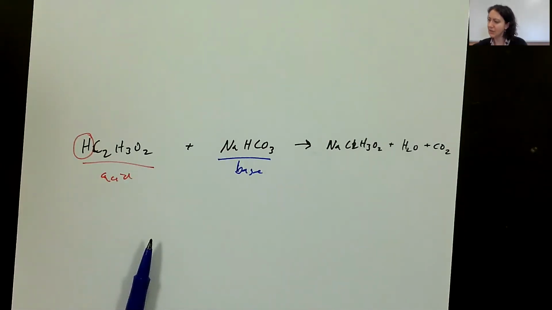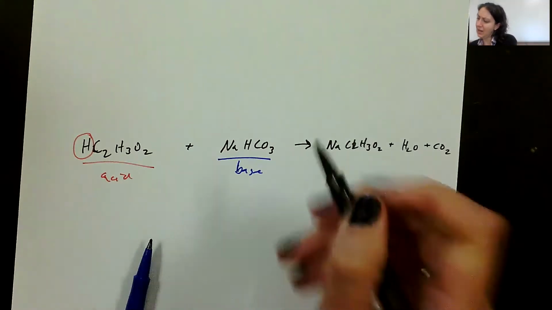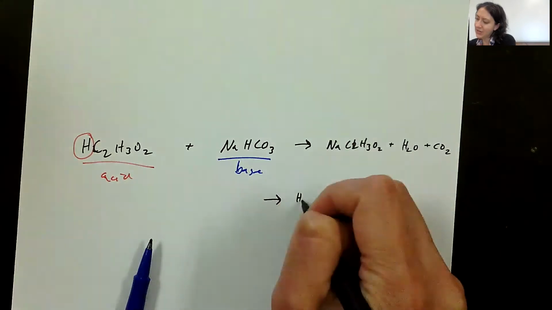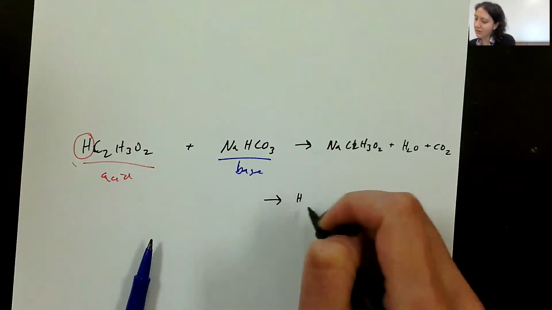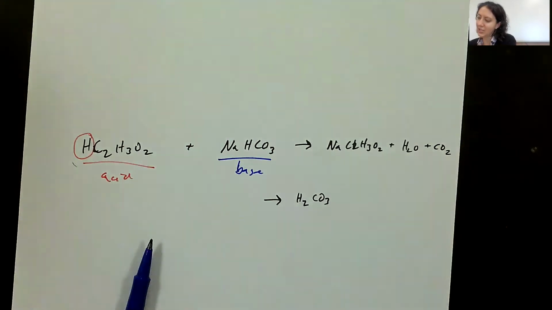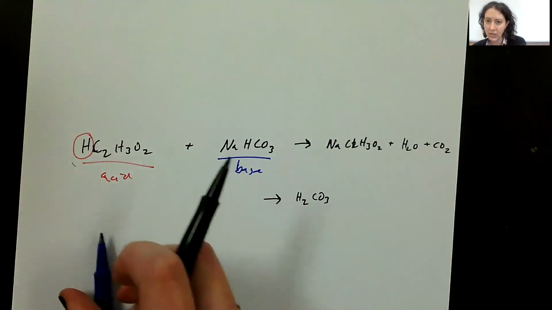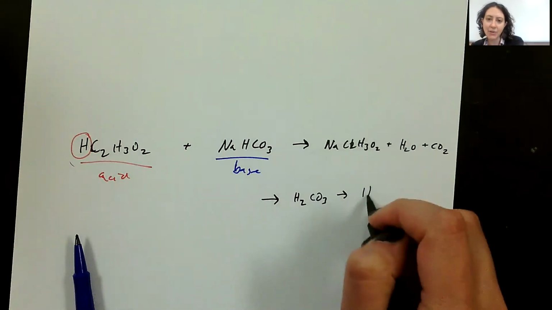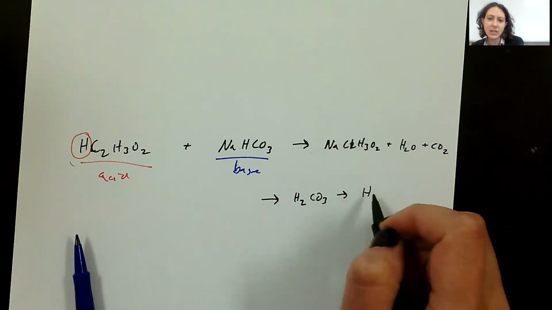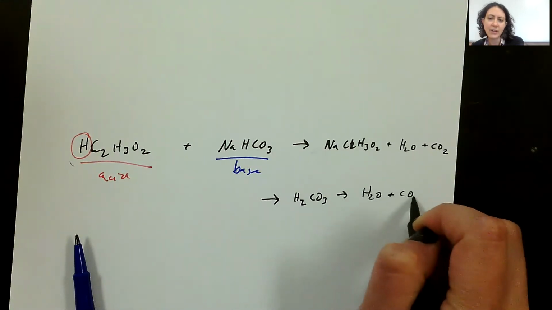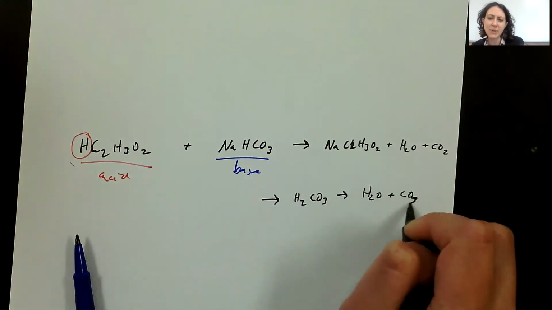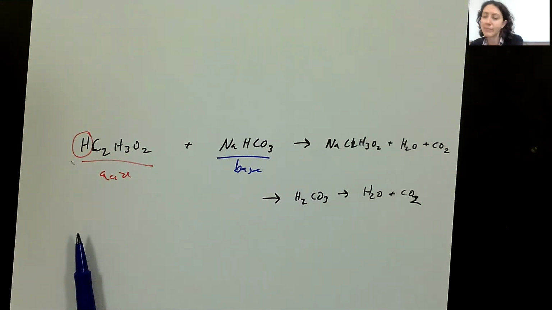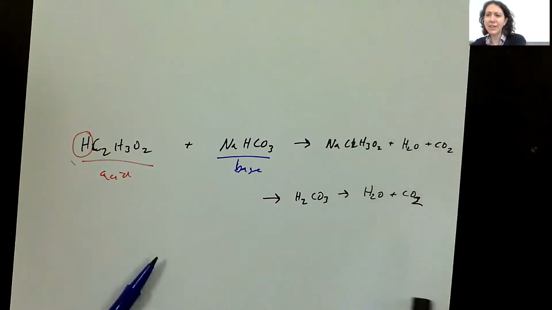The first step is that the hydrogen reacts to form H2CO3, but that immediately breaks down. I'm pretty sure it's into water and carbon dioxide gas, but I could be wrong about this one. It might be something else. Anyway, I don't think that was as helpful as I was hoping.